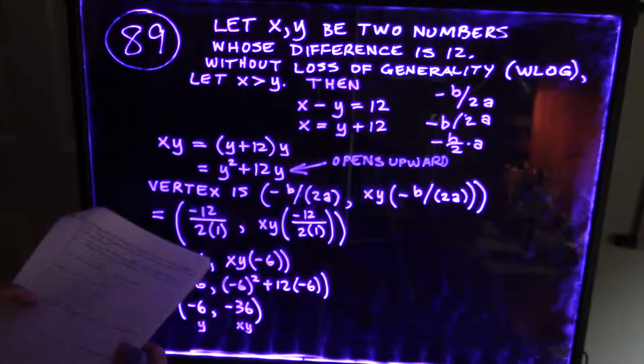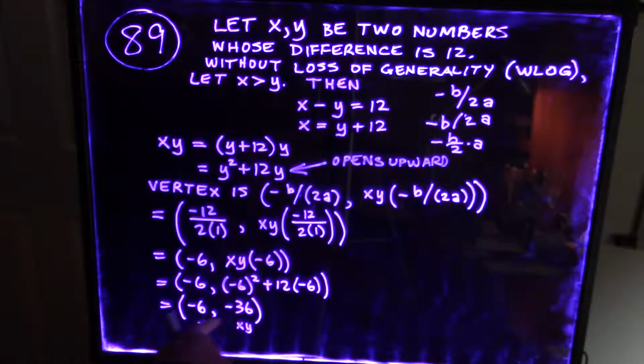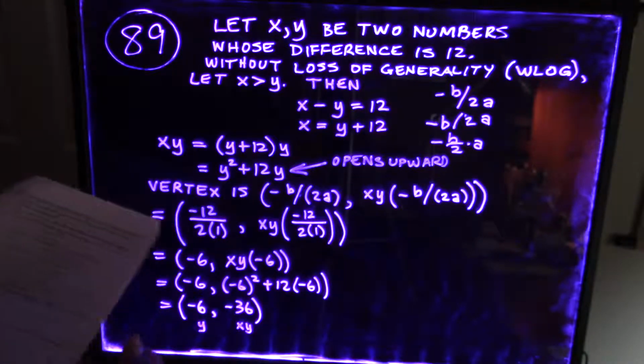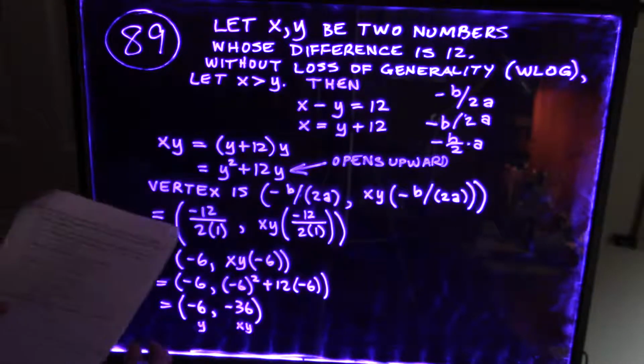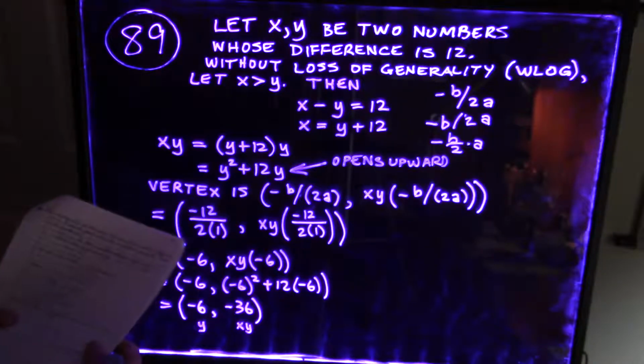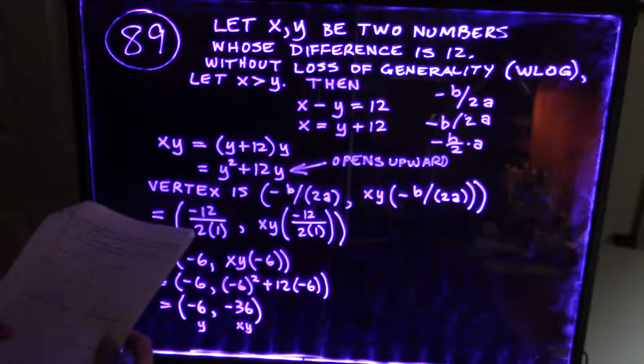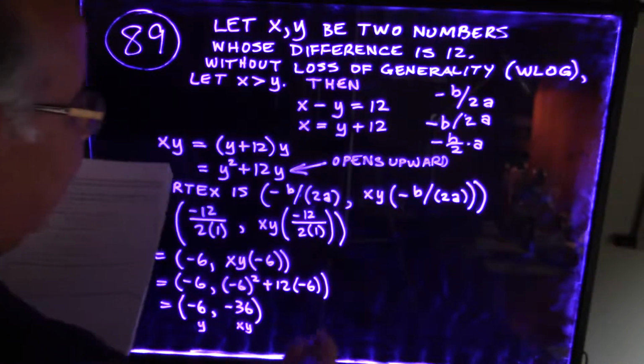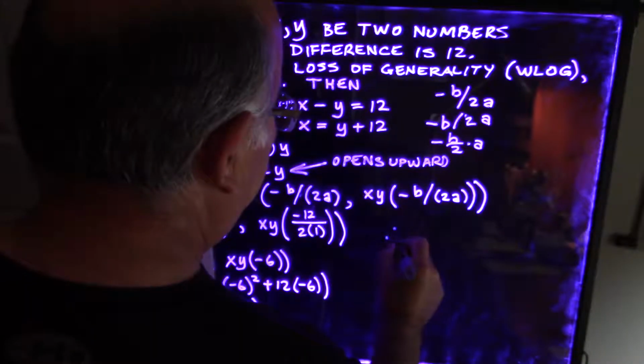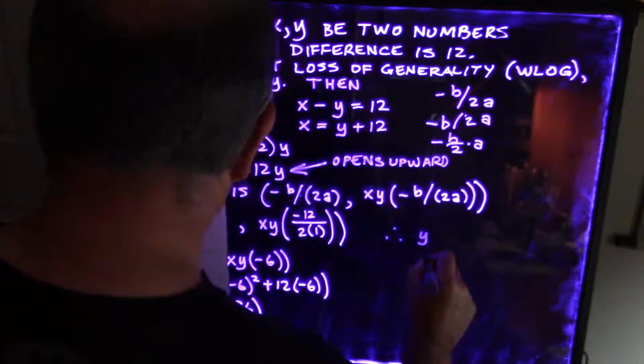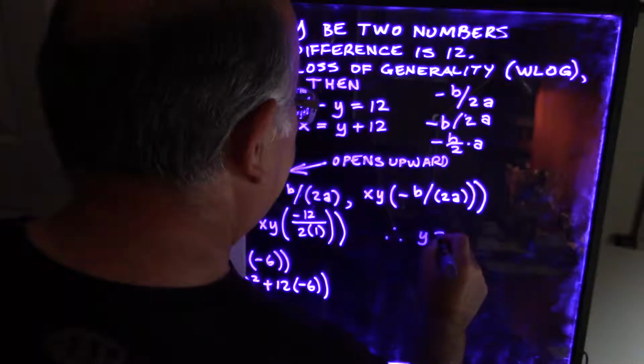It's asking for the smallest product, and what is the product? So that makes sense. This is a minimum point in our product function, and the parabola opens upward. So again, that's a minimum. So therefore, y equals negative 6.